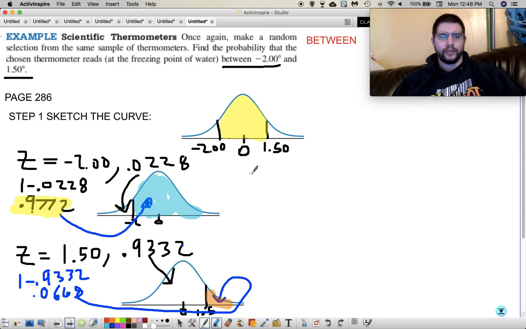So that's going to be 0.9772. That's this whole area here. Minus the area here, which is 0.0668.